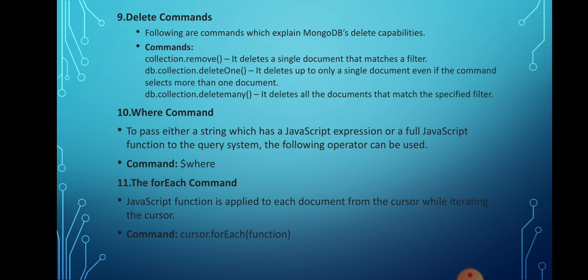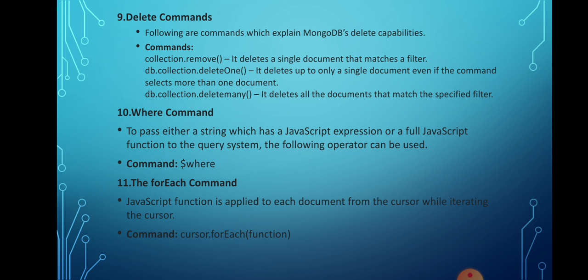Now the next command is the delete command. Following are the commands which explain the MongoDB delete capabilities. Commands are collection.remove. Collection.remove deletes a single document that matches a filter. db.collection.deleteOne deletes up to only a single document even if the command selects more than one document.